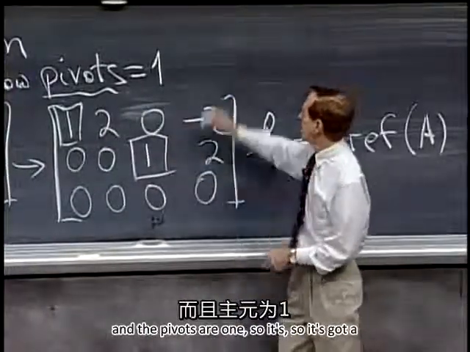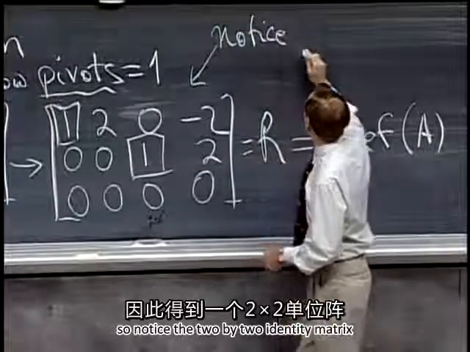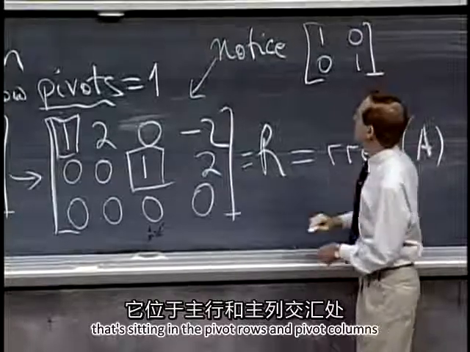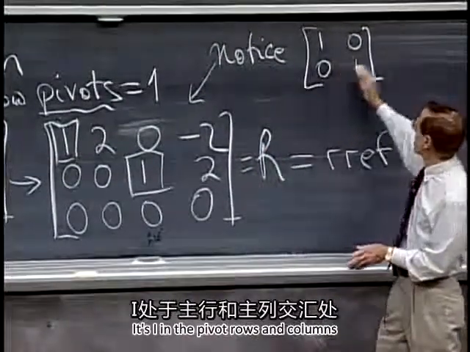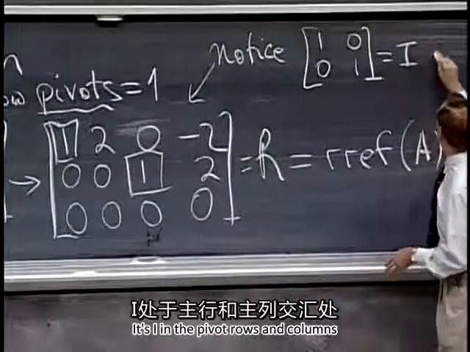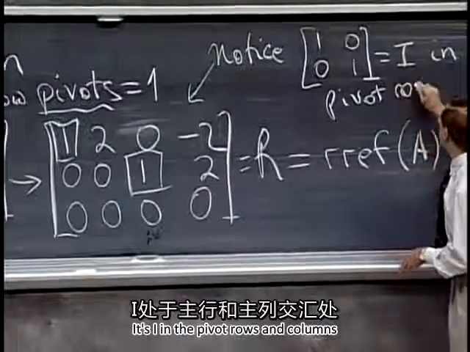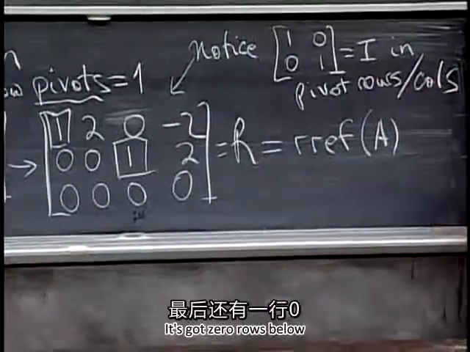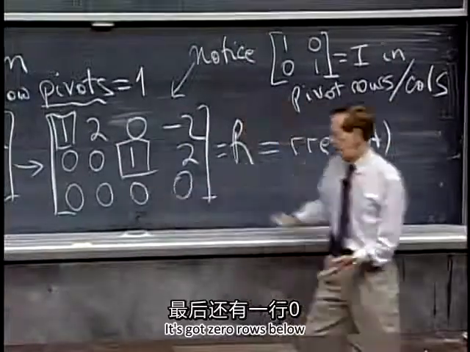So notice the 2 by 2 identity matrix that's sitting in the pivot rows and pivot columns. It's I in the pivot rows and columns. It's got 0 rows below.